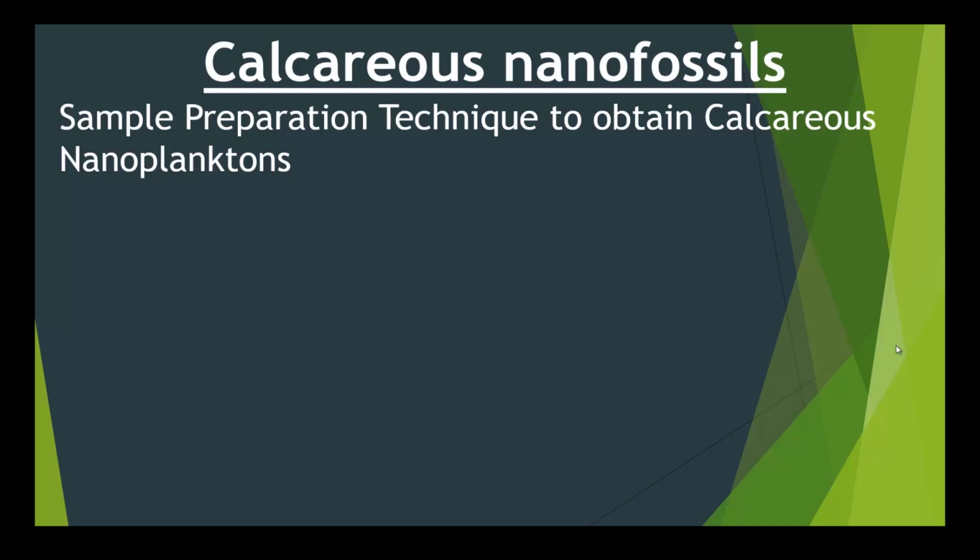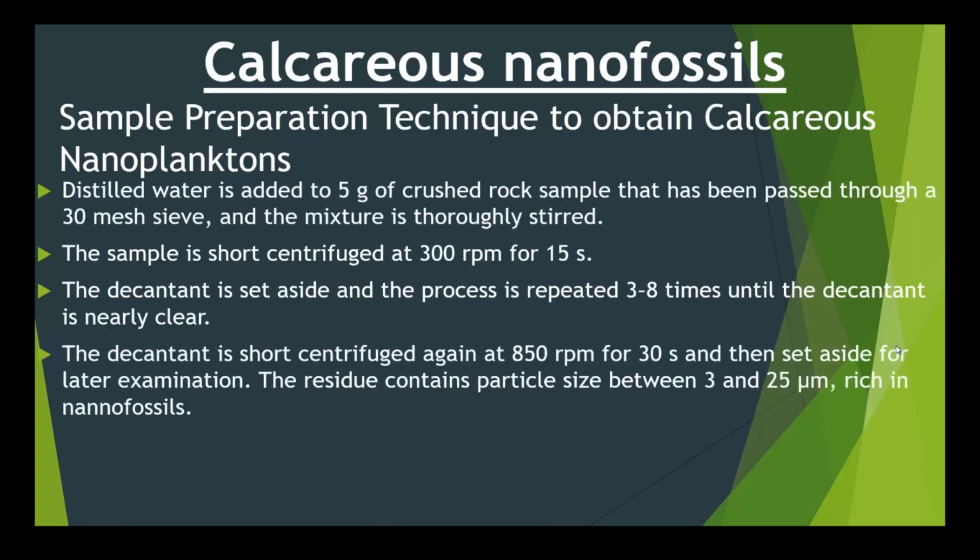For processing samples for calcareous nanoplanktons, distilled water is added to about 5 grams of crushed rock sample that has been passed through a 30 mesh sieve, and the mixture is thoroughly stirred. The sample is short centrifuged at 300 rpm for 15 seconds. The decantant is set aside.